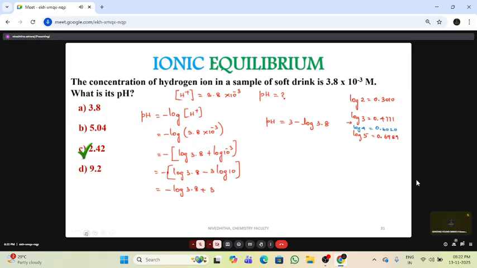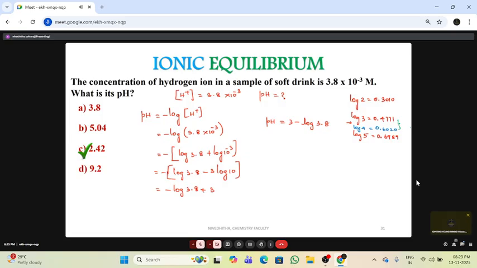So 3.8 will be somewhere between these two values. So approximately, could you please tell me the value of log 3.8? A value between 0.4771 and 0.6020. Any approximate value will do.